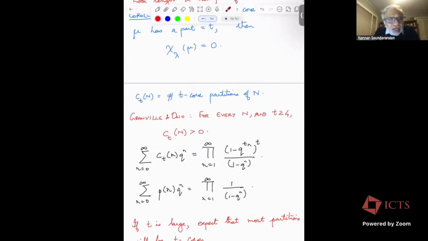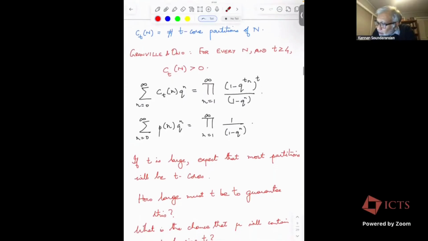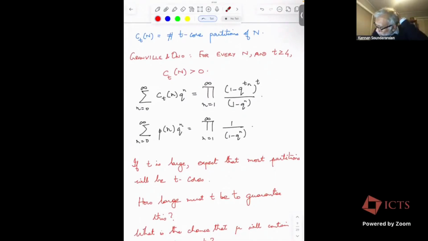I'll tell you one more fact about this, which also has some number theory built into it. Now, some of these objects have been studied for a long time. So for instance, if you look at the number of T-core partitions of N, so these are partitions where there are no hook lengths that are multiples of T, there's a theory of this that, because of the connection with representation theory, people had studied it for a while.